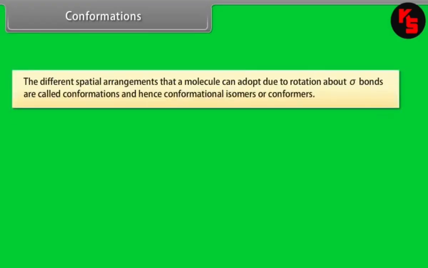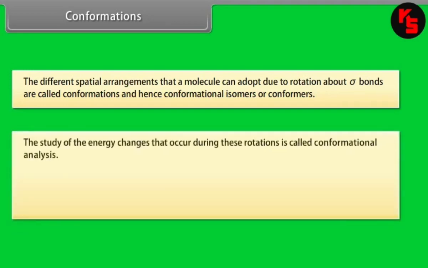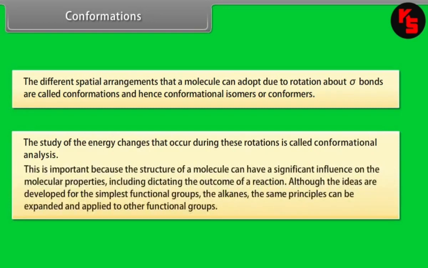Conformations. The different spatial arrangements that a molecule can adopt due to rotation about sigma bonds are called conformations, and hence conformational isomers or conformers. The study of the energy changes that occur during these rotations is called conformational analysis. This is important because the structure of a molecule can have a significant influence on molecular properties, including dictating the outcome of a reaction.